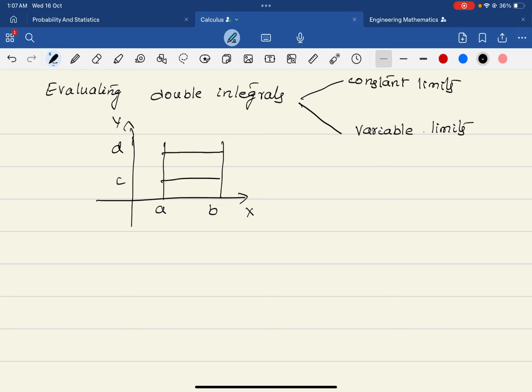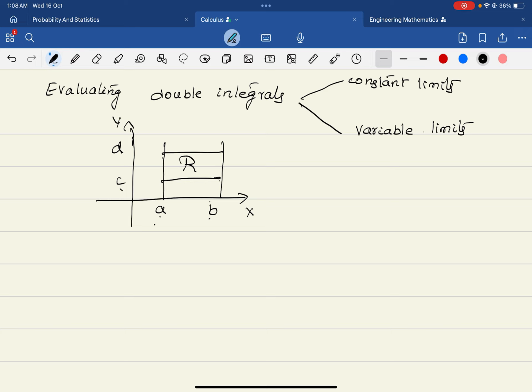So now this is the region. In this region R, the limits are constant limits. When the limits are constant, the region is a rectangular region. That is what you can understand. The total region will be rectangular when x is from a to b and y is from c to d. This is what constant limits mean.